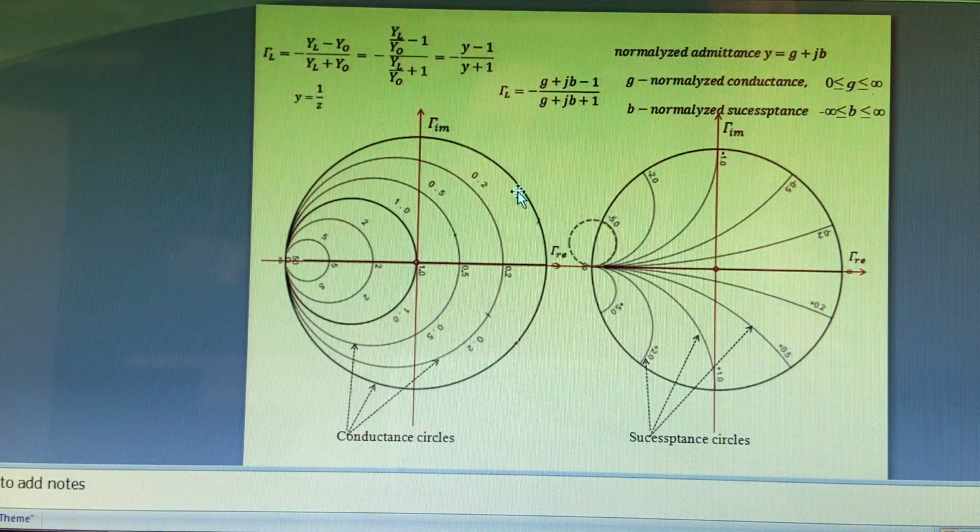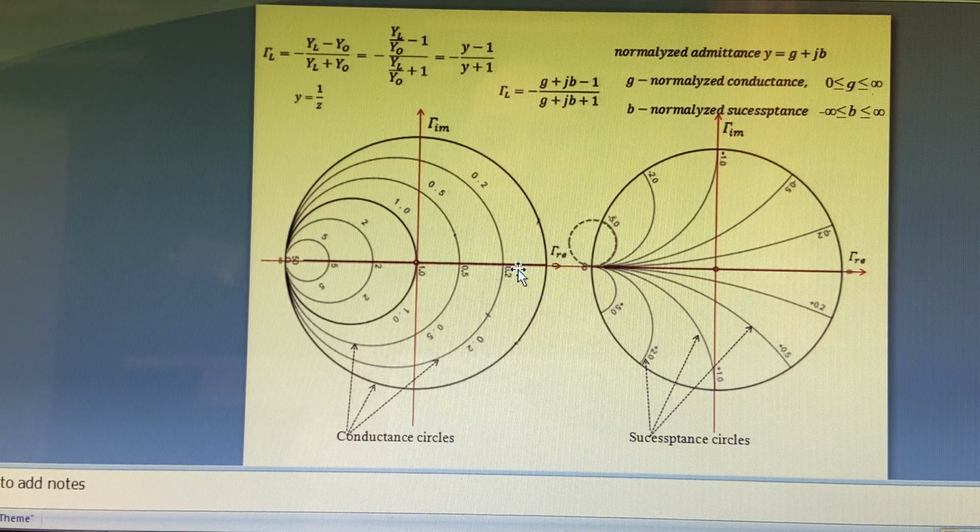This circle is associated with G equal to 0, as shown in this figure. Similarly, as the conductance increases, this is 0.2, a circle like this. This circle also has a particular center and radius. The center and radius depend upon the value of G.